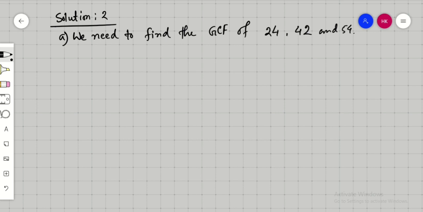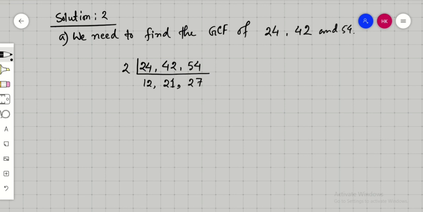So what can we do? Just write 24, 42 and 54 here and try to divide it by 2 because all of them are even numbers. So we just try by 2. 12 2s are 24, 21 2s are 42 and 27 2s are 54.